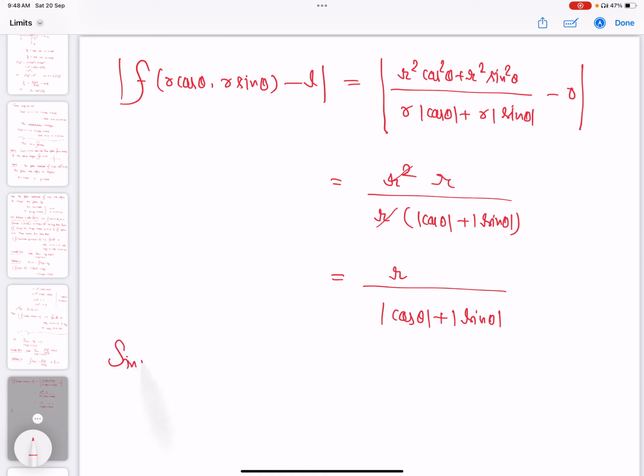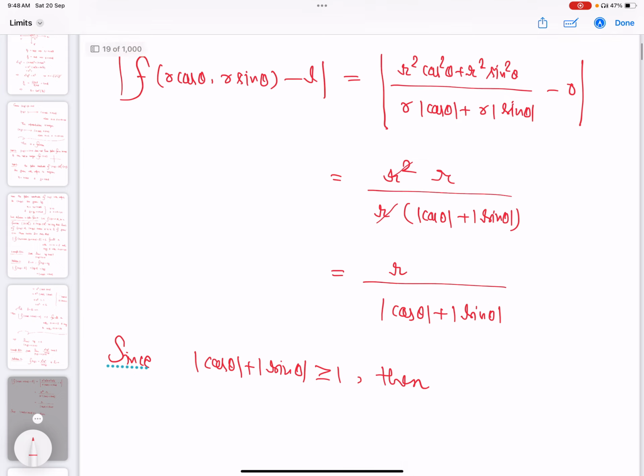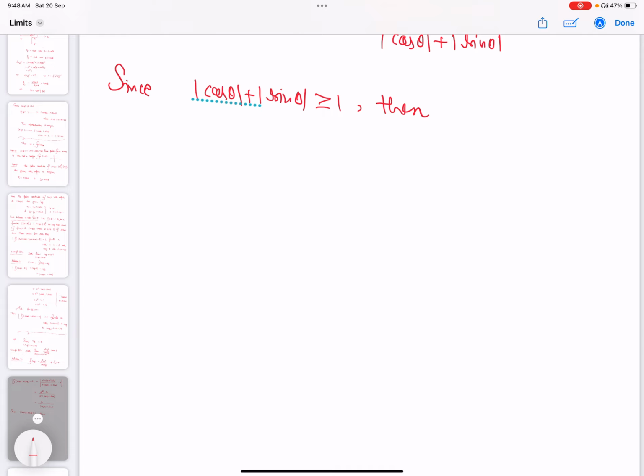Since mod cos theta plus mod sin theta is always greater than or equal to 1, the modulus of f(r cos theta, r sin theta) minus 0 is less than or equal to r.